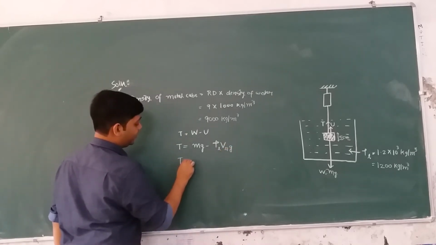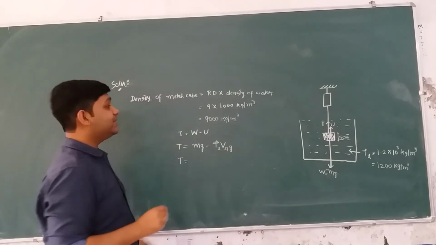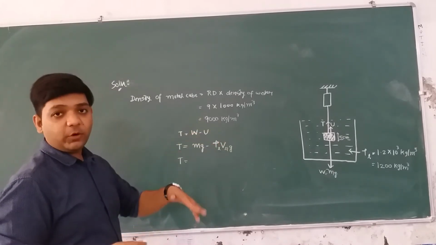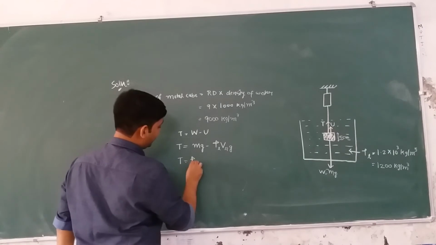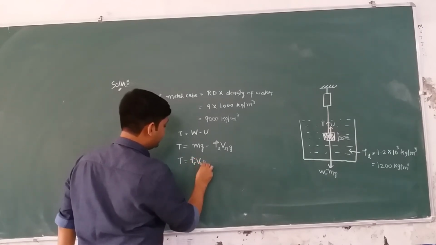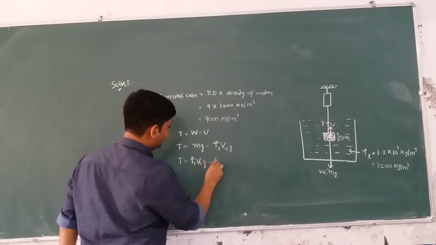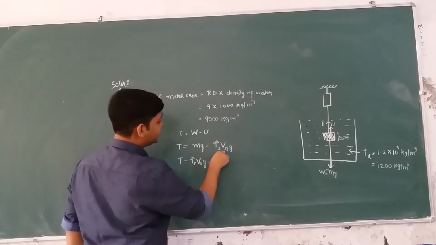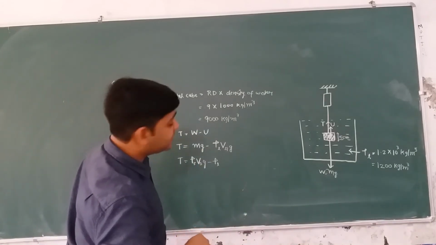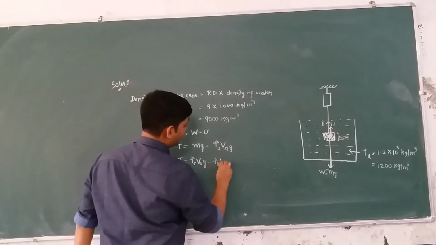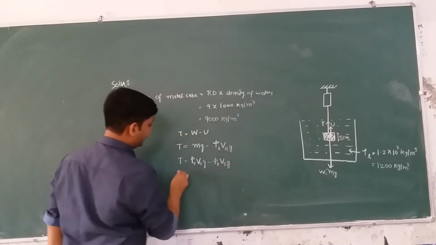So T will be equal to, now mass can be written as, we know density is equal to mass upon volume, so mass will be density into volume. So density of solid multiplied by volume of solid into G minus density of liquid. And what is the volume of solid immersed? Since the complete cube is immersed, the volume of solid immersed will be equal to the complete volume, that is Vs multiplied by G, right?